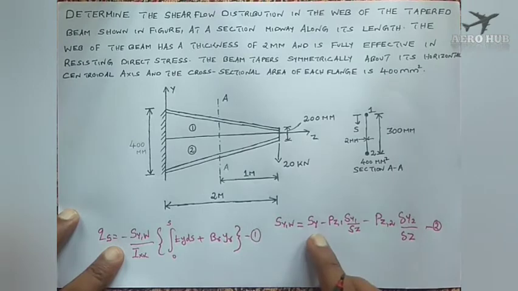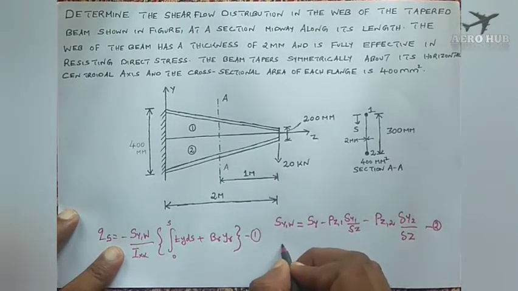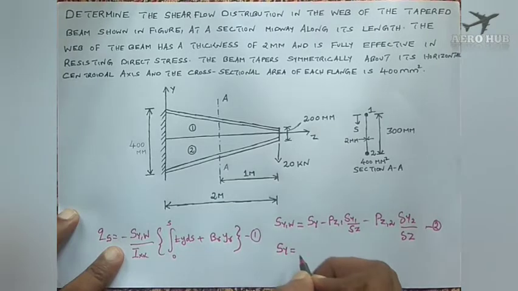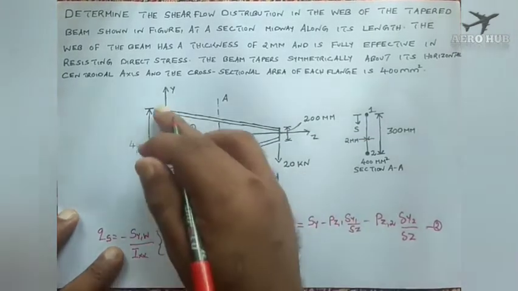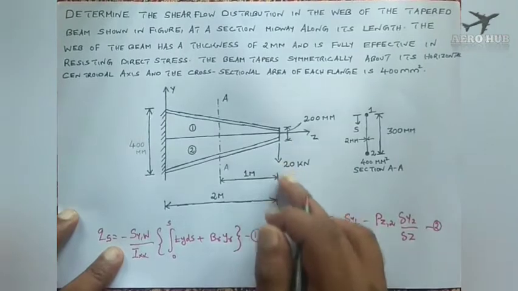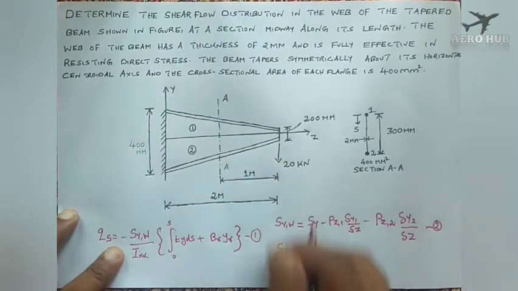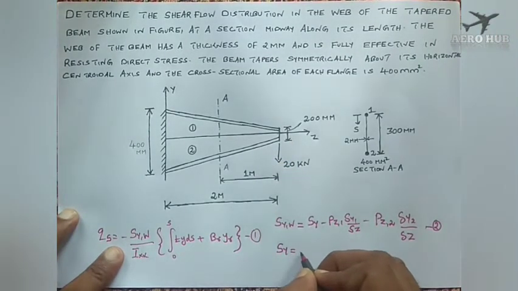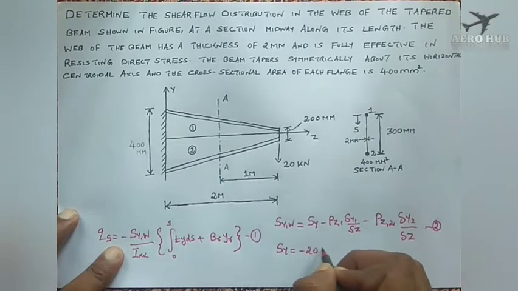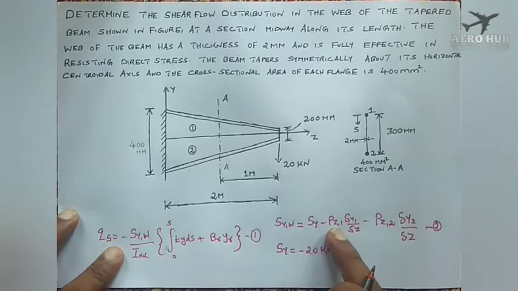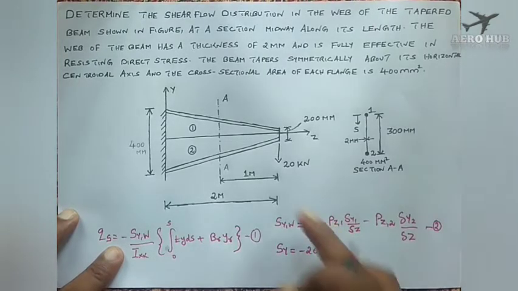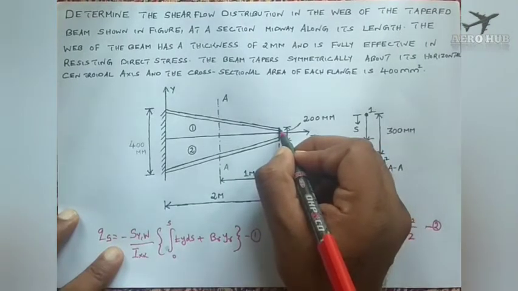The shear force is already given in the question: 20 kilonewton acting in the vertical downward direction. The y-axis is upwards and we are applying the shear force vertically downward, so that will be minus 20 kilonewton. Then Pz1 is the axial load acting on section 1.